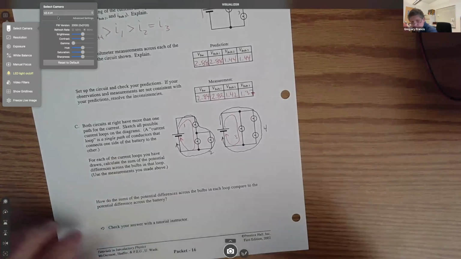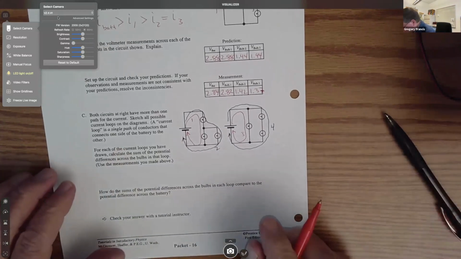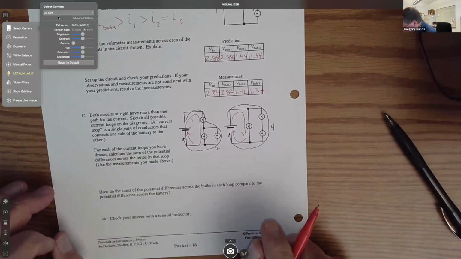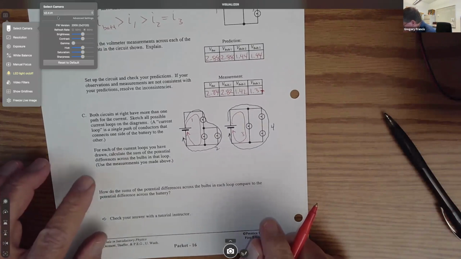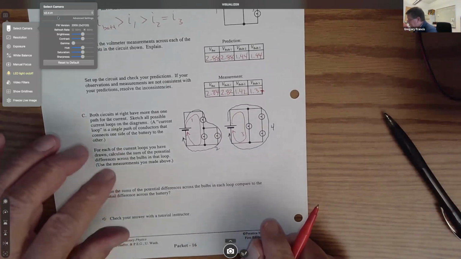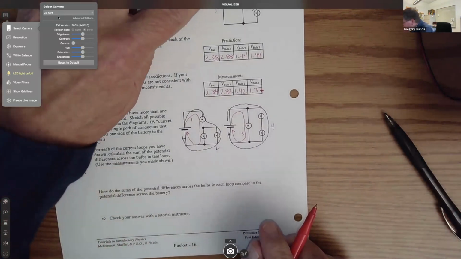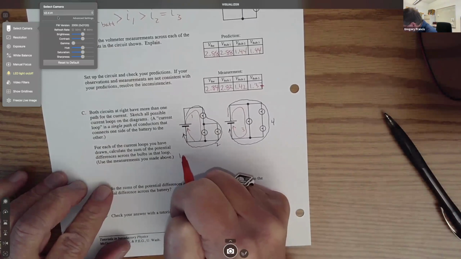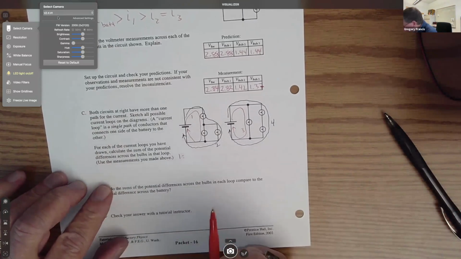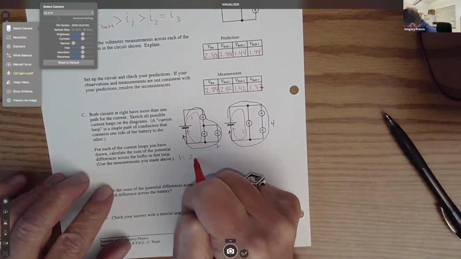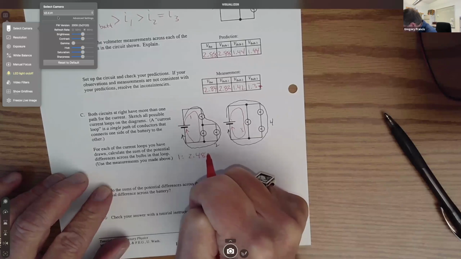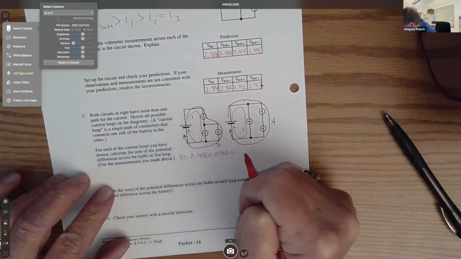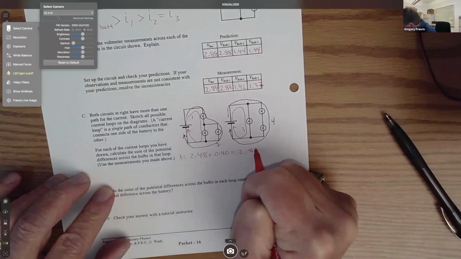For each of the current loops that you have drawn, calculate the sum of the voltage difference across the bulbs in that loop. Okay, so for loop 1, I have 2.48 plus 0.40 is equal to 2.88.